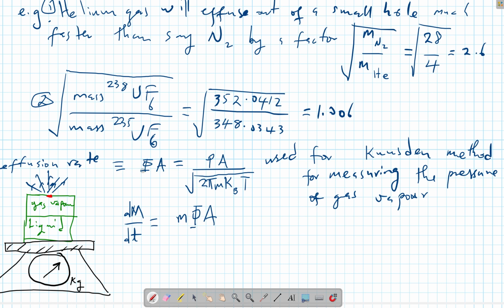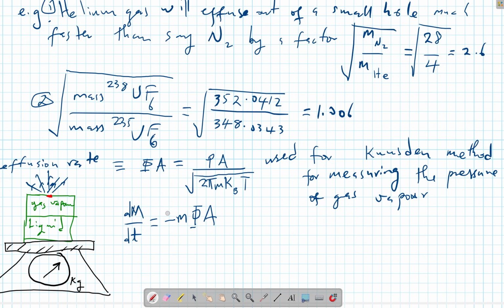So effusion rate is the flux times area of the little small hole. The rate is going to be number of molecules crossing out per time, and if we multiply that with mass, it's going to give us the rate of change of mass of the gas vapor. Okay, and dm by dt, we're going to make it negative because the mass is going to decrease with time. So dm by dt is minus m phi times A.